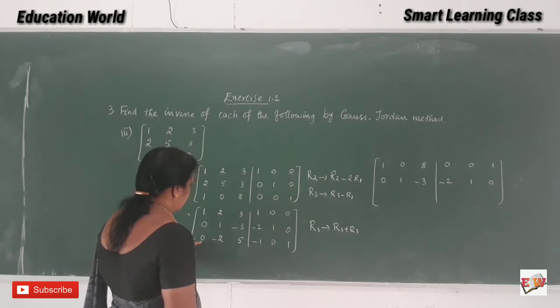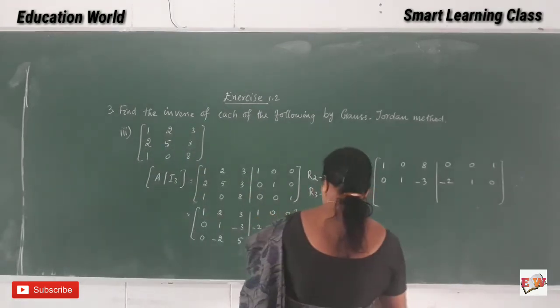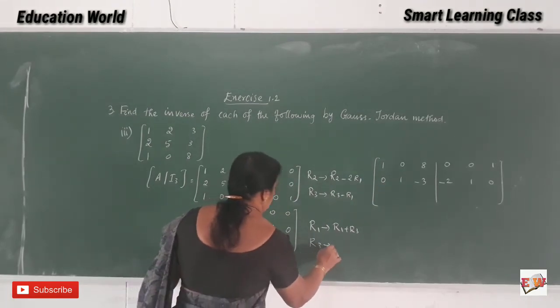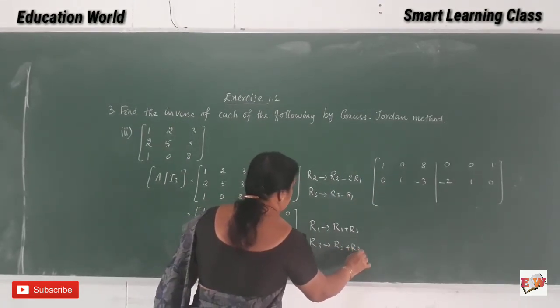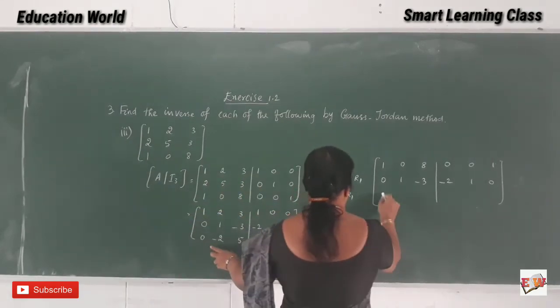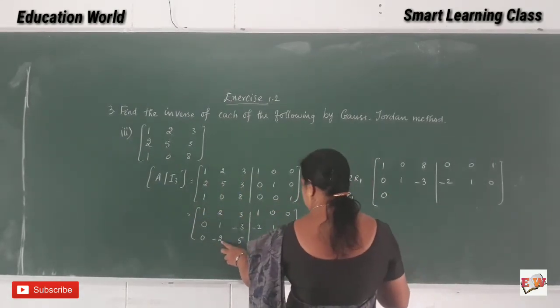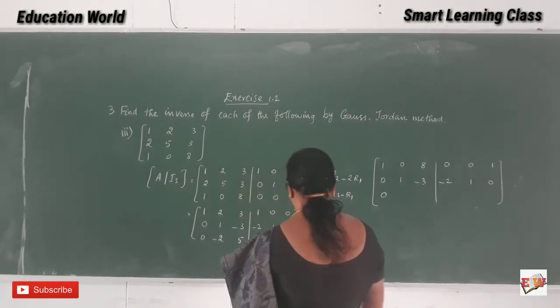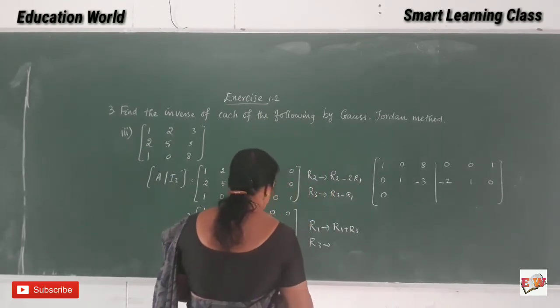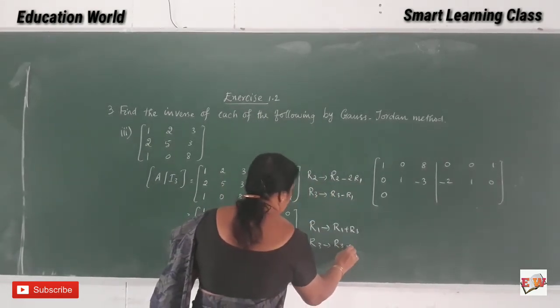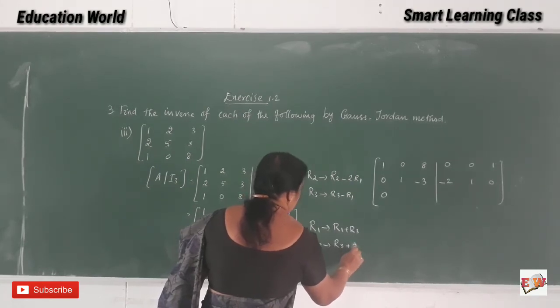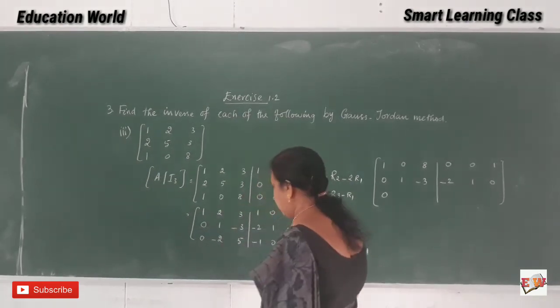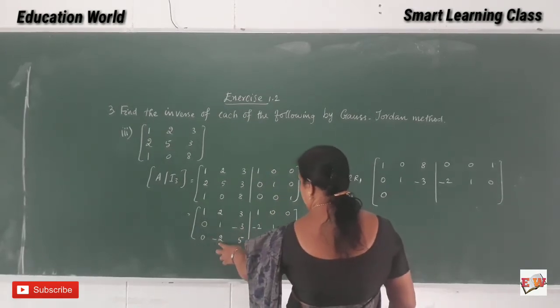For R3, we take R2 plus R3. See, 0 plus 0, 0. Then R3 plus 2R1.